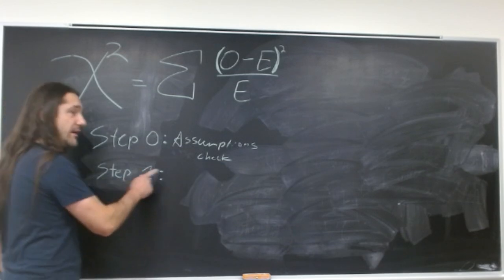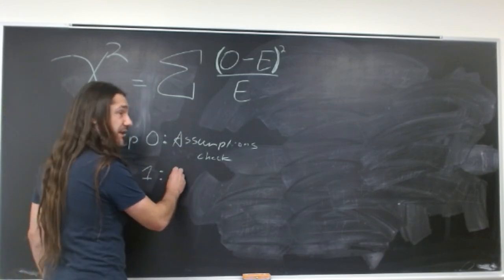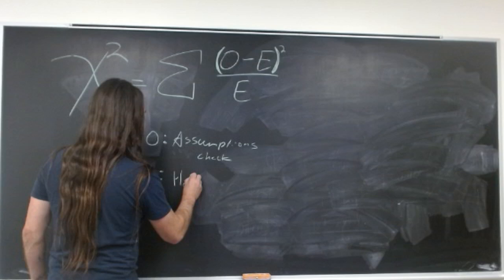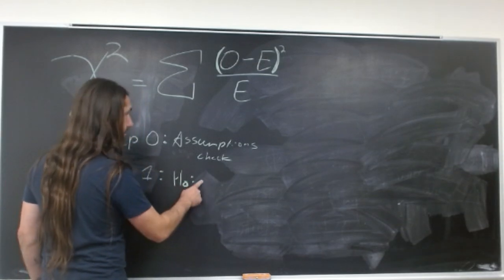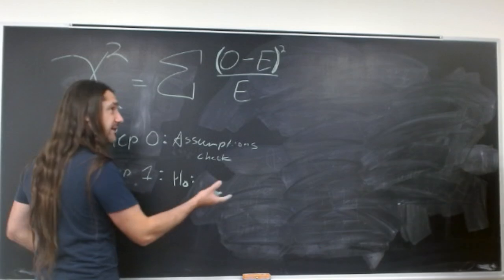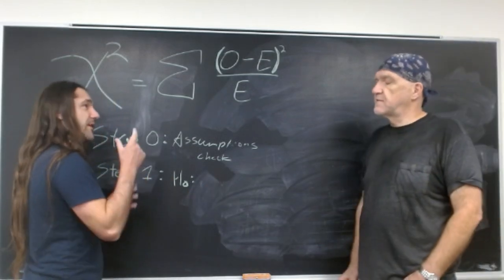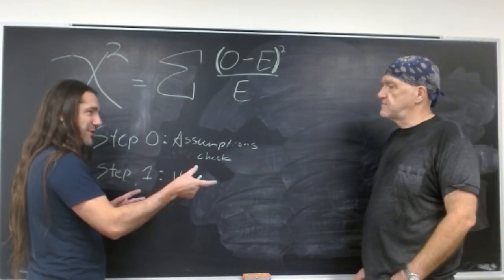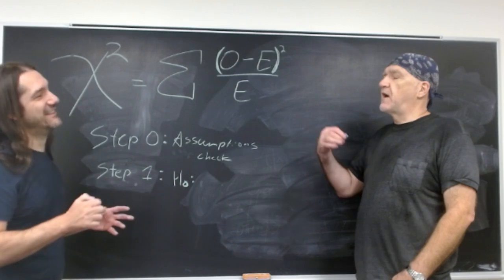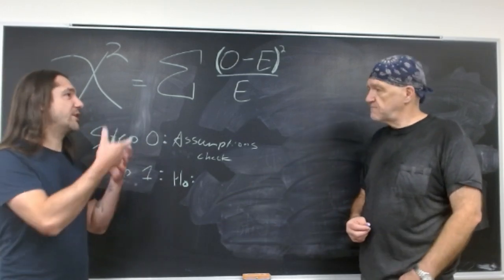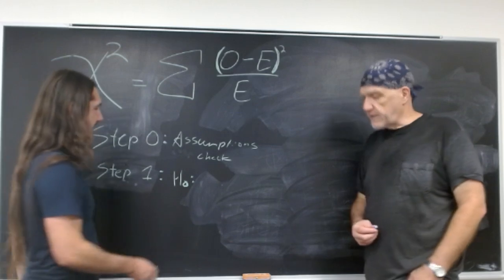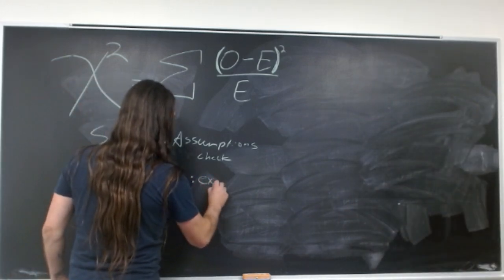So step 1, H naught, is the expected and the observed, so there's no surprises. The data are very close to what we expected to see, so we got the distribution we were expecting. So expected distribution, I'll just write it like that.